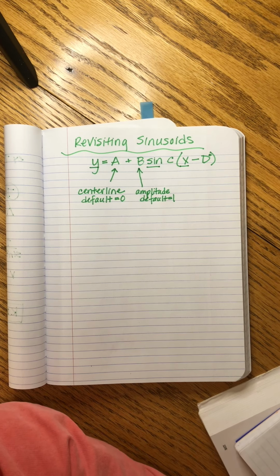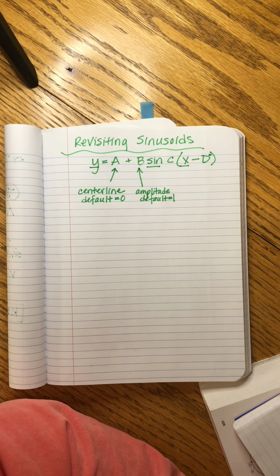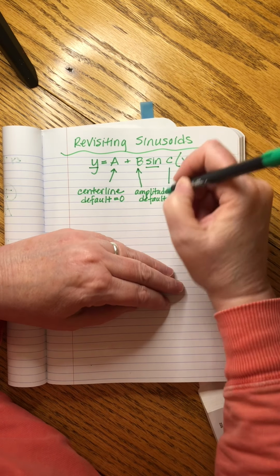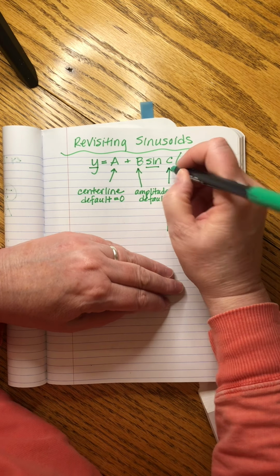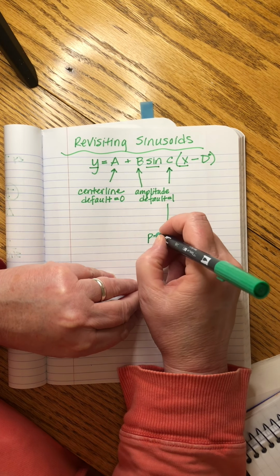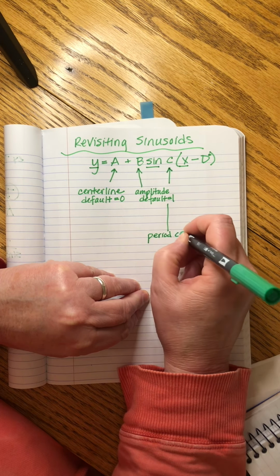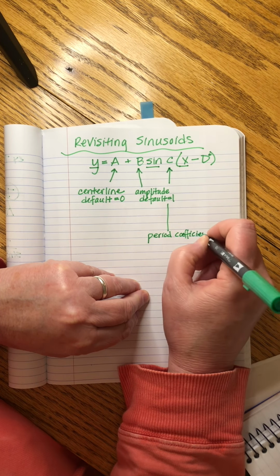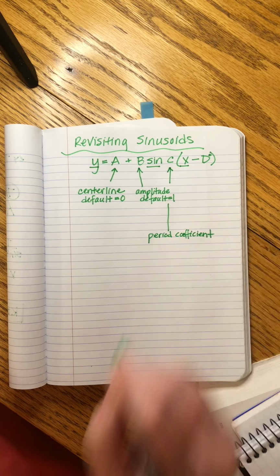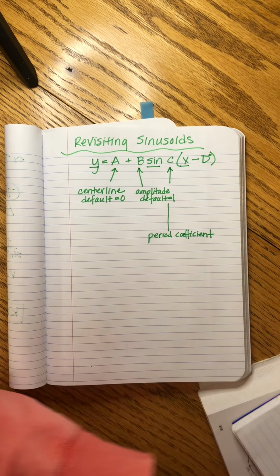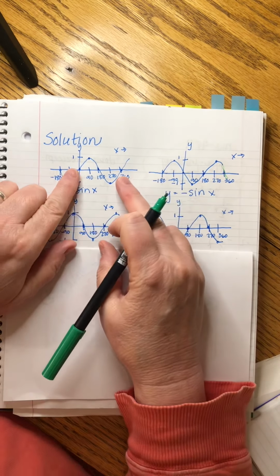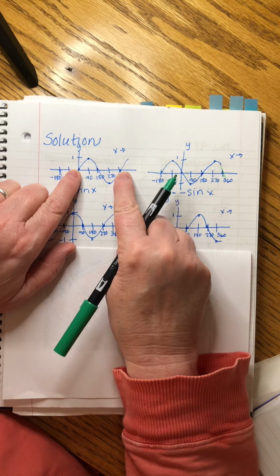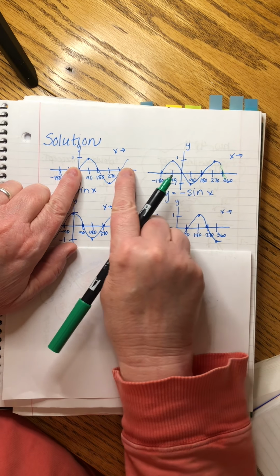C, letter C, I'm going to go down here, is called the period coefficient. And what that shows us is whether this curve completes its full circuit in 360 degrees, or is it squished?